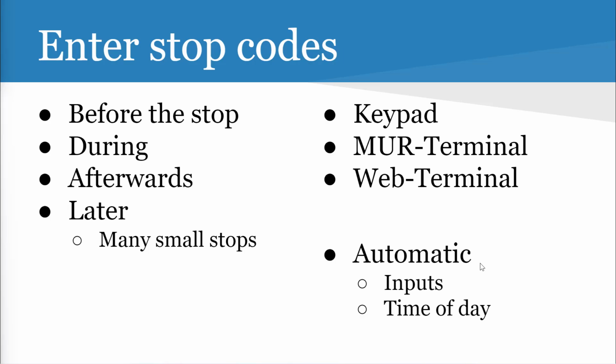They can be based on one or many different inputs, and it can also be based on other information, for example, time of day. One example is we have a customer who has a special stop code for when the factory is shut down, and it applies when the machine stops, but only after the end of the shift. So that way the machine operator doesn't have to remember to enter that stop code. It's done by the MUR-Box automatically.